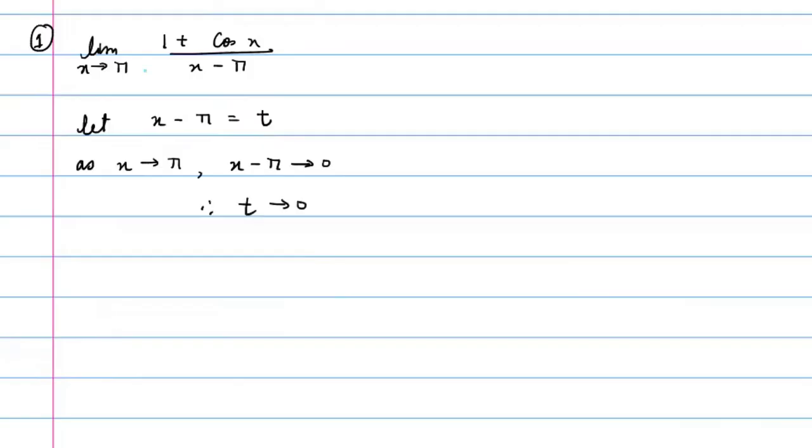So this is the idea that is important. So as x becomes pi, t will become 0 because of this relation between them. So we have limit of t tends to 0. So we can write, in place of this, we can write this. And wherever we have x, we can write x as pi plus t.